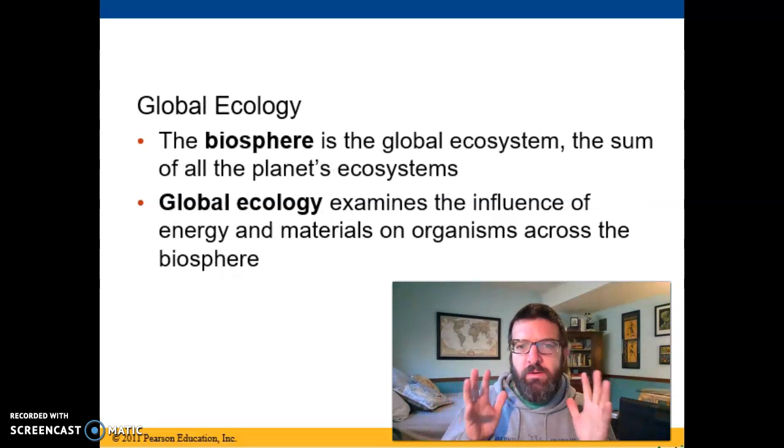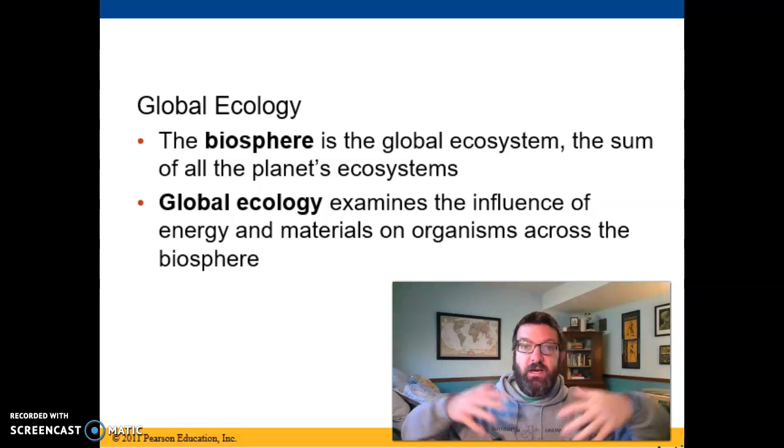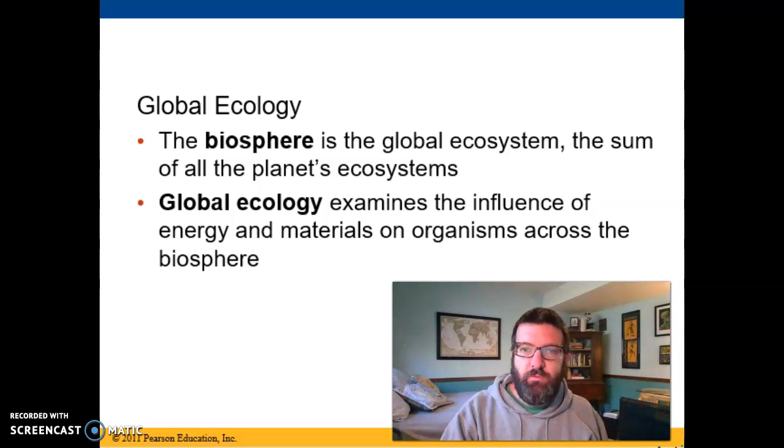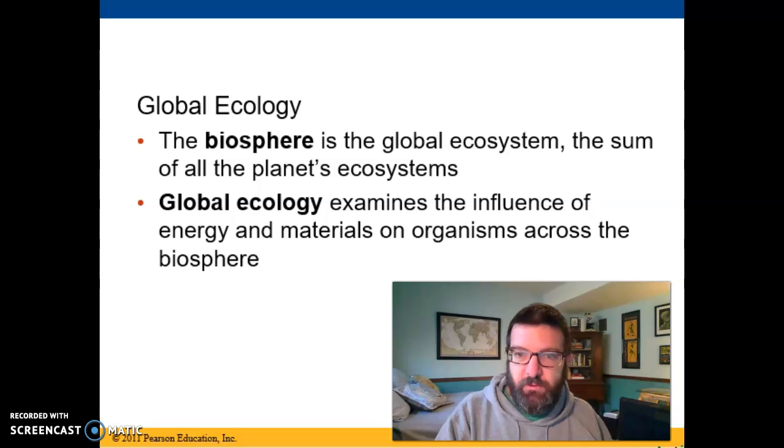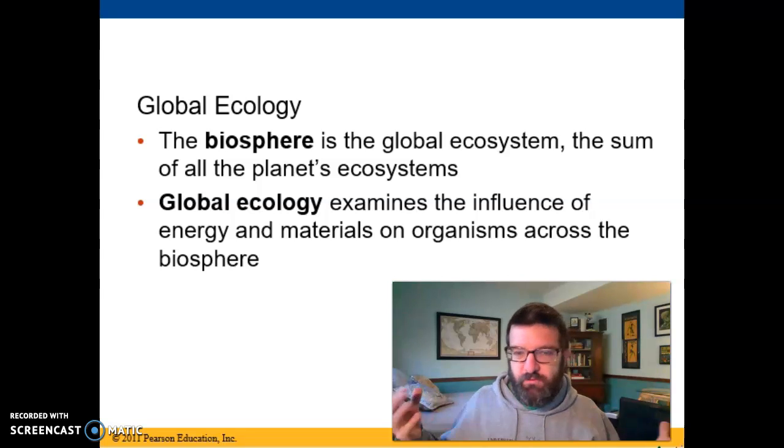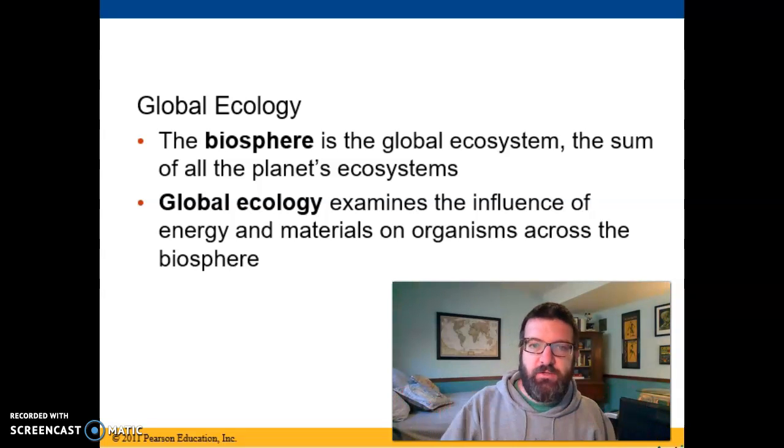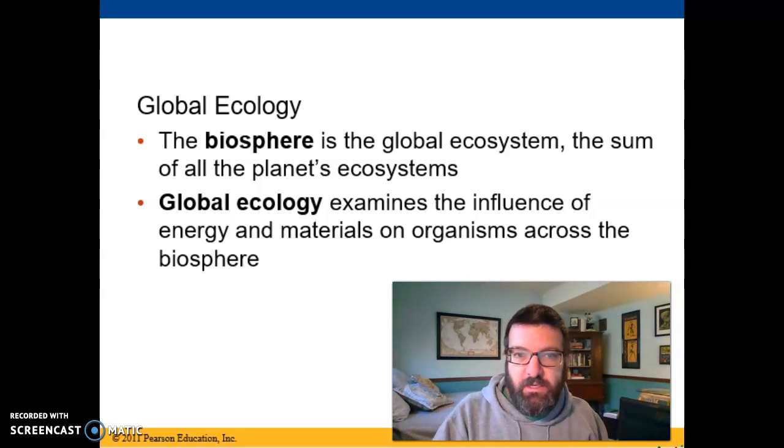And then you can take one more step back and look at the entire planet. And we sometimes call this the biosphere, or the global ecosystem. And if you look at all of these different ecosystems together and how they interact as one planet, this is global ecology, right? So if you look at the entire biosphere, it's global ecology.